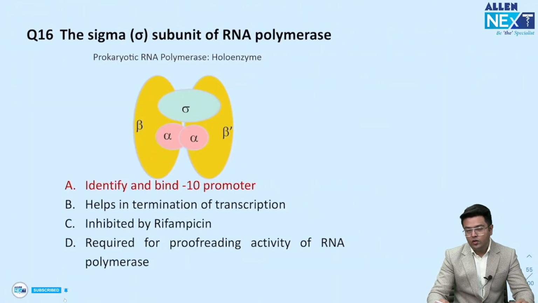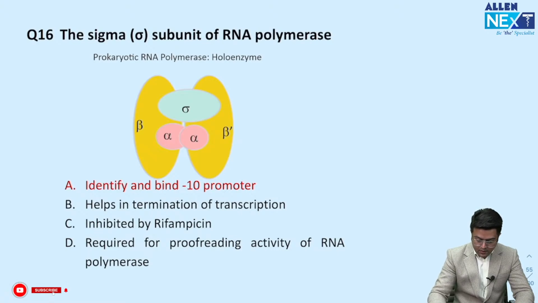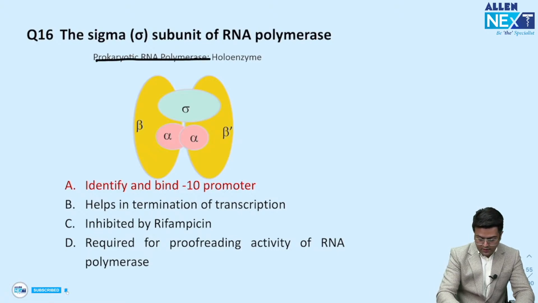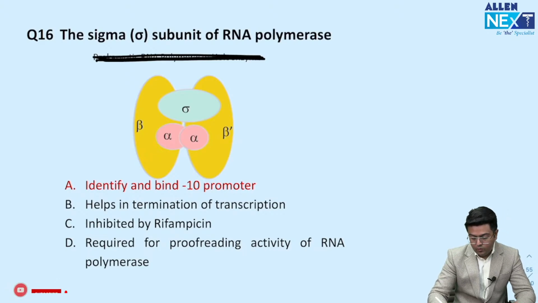Question number 15. So guys, moving on to question number 16. The sigma subunit of RNA polymerase. Guys, that's a very important subunit. This sigma subunit of RNA polymerase identifies and binds the -10 promoter.